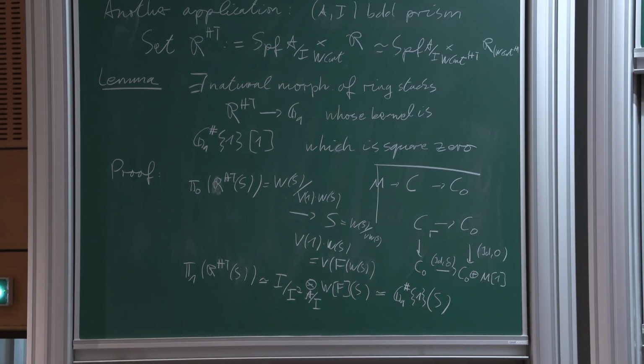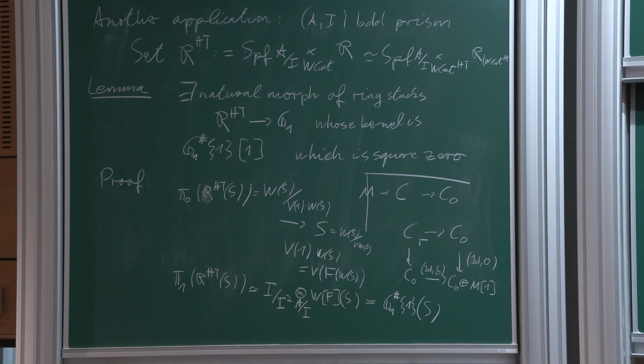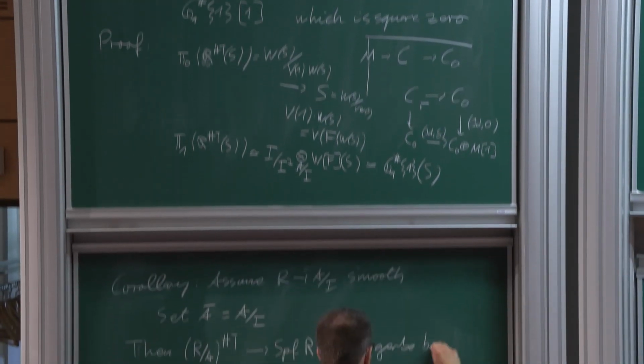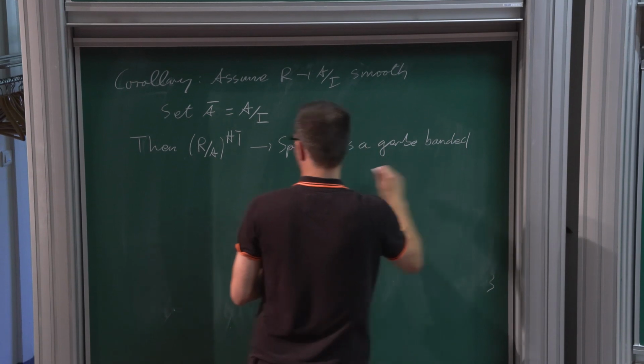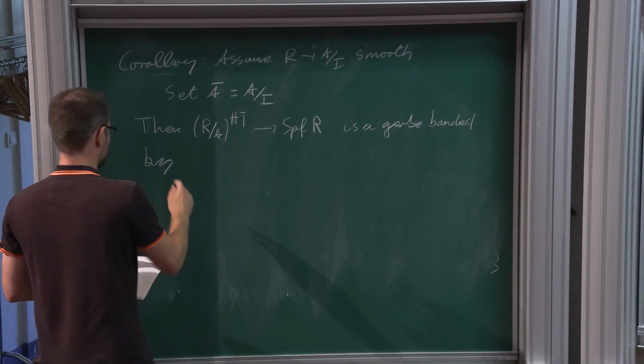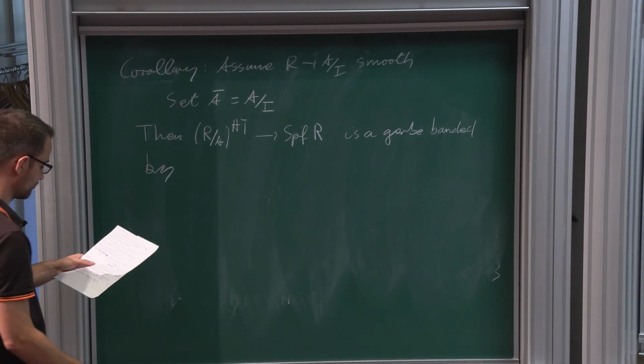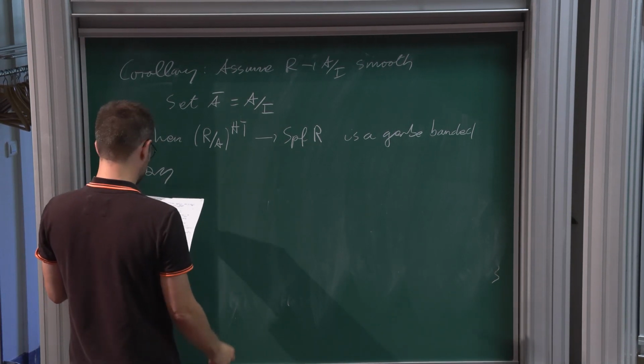And so this is a gerbe banded by some group, which is a flat group scheme over R, and it's the following.